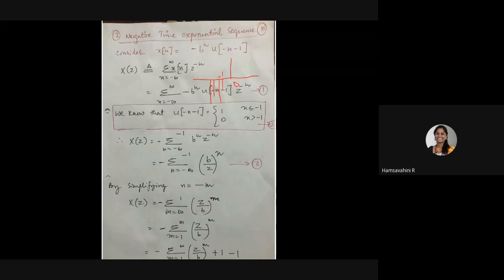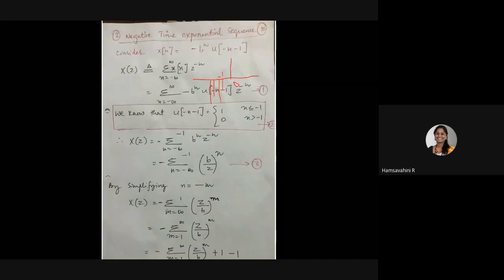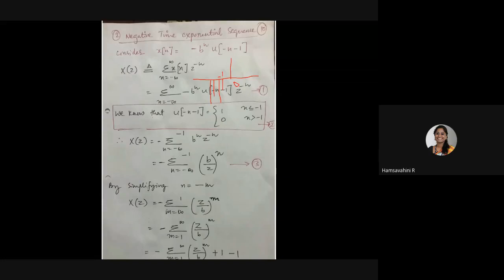It's an exponential. So now we'll try to find the Z transform of this. So we know u of minus n minus 1 is 1 for n less than or equal to minus 1. So it is from minus 1 to minus infinity, and 0 for n greater than minus 1. Now let us use the Z transform expression.